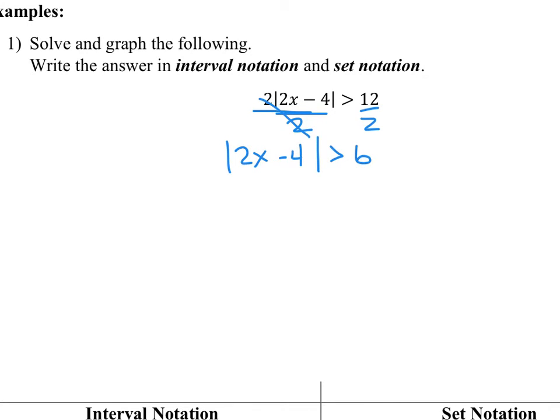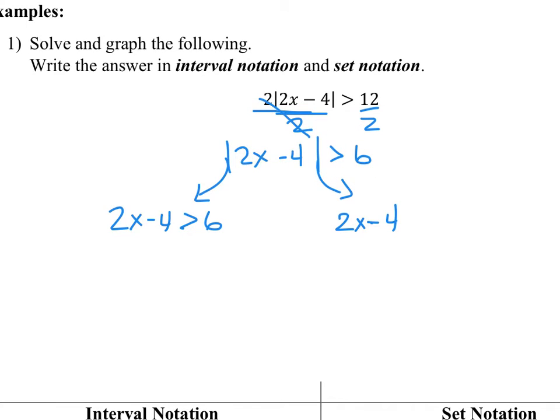It's isolated, so now we create two inequalities. 2x minus 4 is greater than 6, so exactly the same as the first. 2x minus 4, remember that's inside, so it stays the same. Everything changes outside the inequality. So both of these things right here are outside the inequality, so both of those have to change.